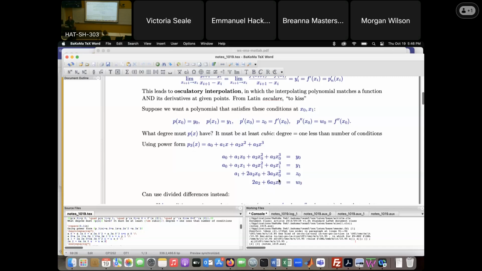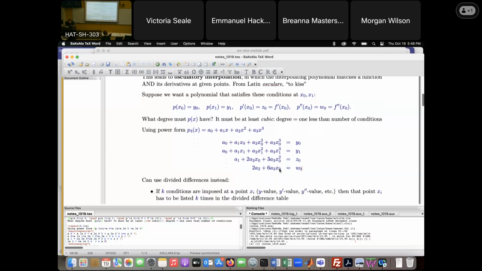Now, if we think about the other approaches we've seen for computing an interpolating polynomial, there's Lagrange and Newton. I'll talk about a Lagrange-like approach at the end, but really the easiest way to handle oscillatory interpolation is by adapting the Newton approach, divided differences.